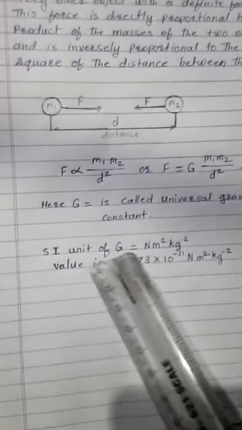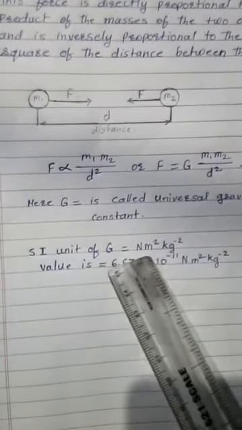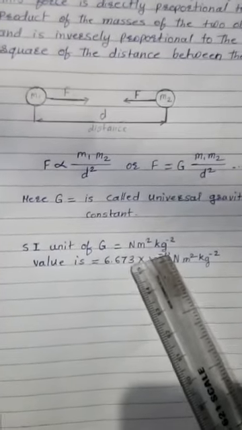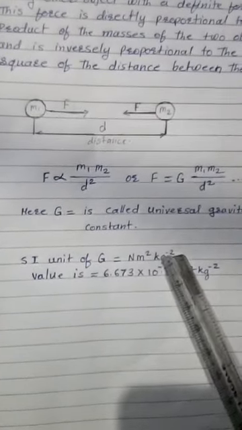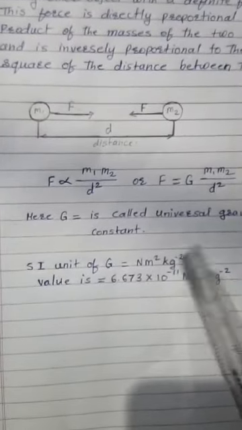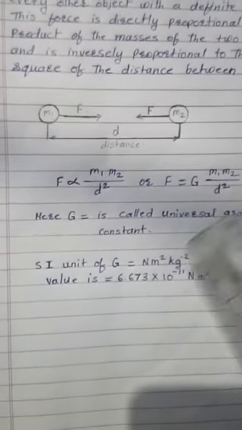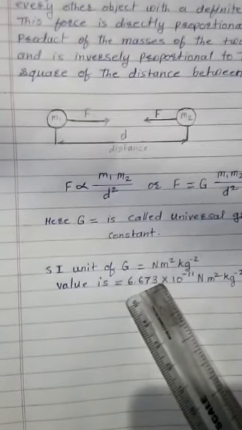So from this, the SI unit of G is Newton meter square kg minus square. The minus sign is there because the direction of the force is opposite, and that's why it is denoted by the minus sign.